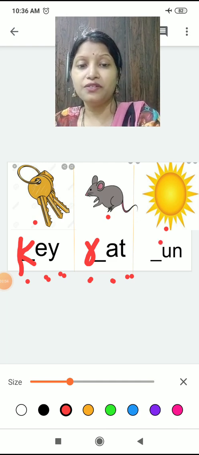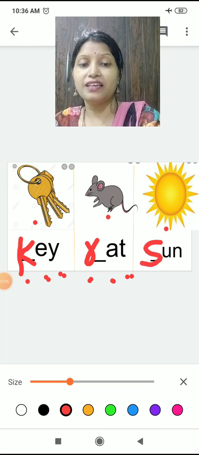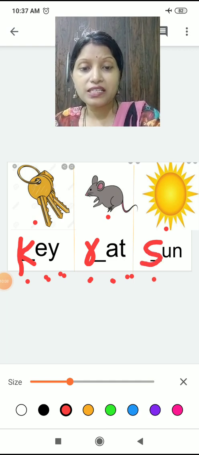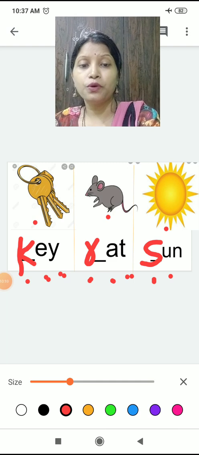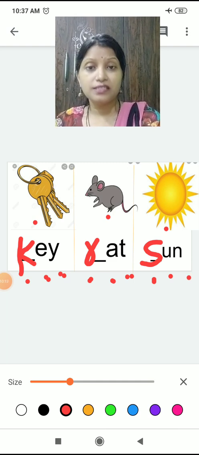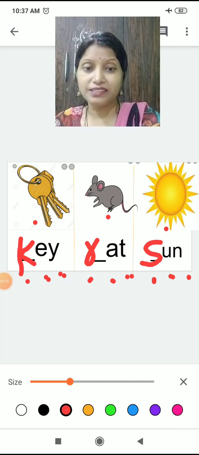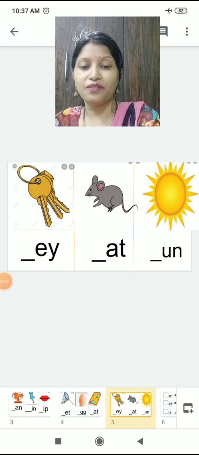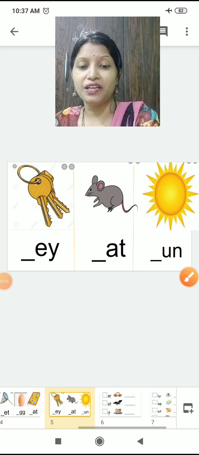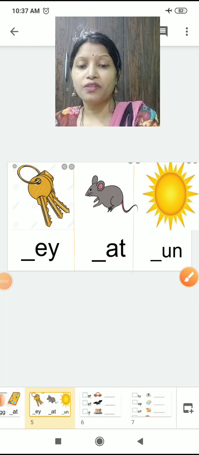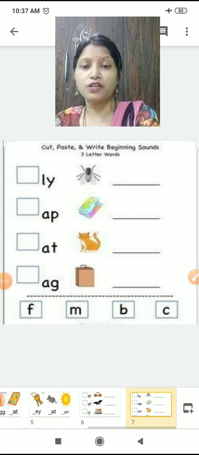So write down S. Now read with me. S U N. Sun. Okay, very good. So now we will do one more worksheet.